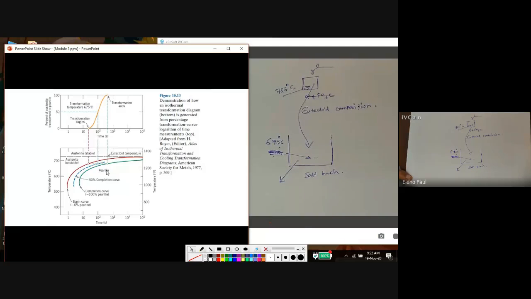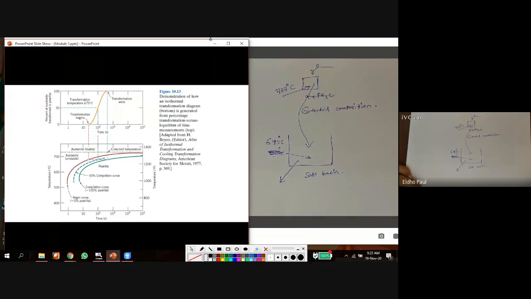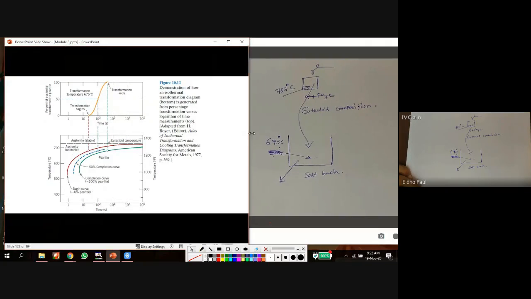Okay, so in this example, I am maintaining the salt bath temperature at 675 degrees Celsius. I dip this gamma constituent, austenite sample at 727 degrees Celsius into the salt bath, which is at 675 degrees Celsius. When I dip it, this is the transformation that happens with respect to time.